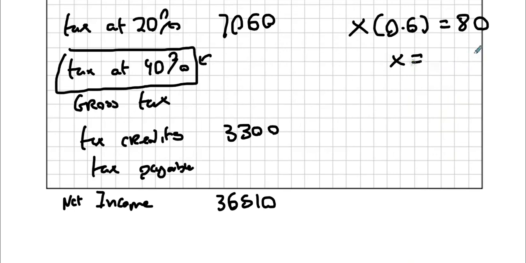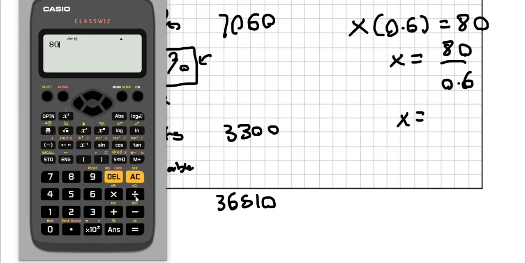So if I get X and I say 80 divided by 0.6, this means, for argument's sake, what's 80 divided by 0.6? I'm going to need €133.33 is what I'm thinking.